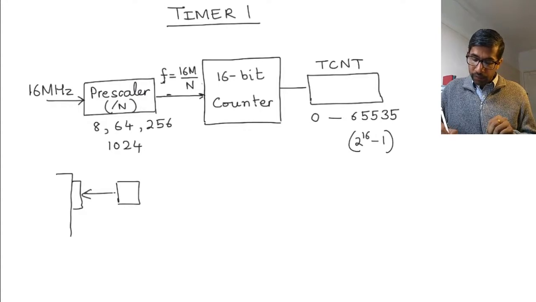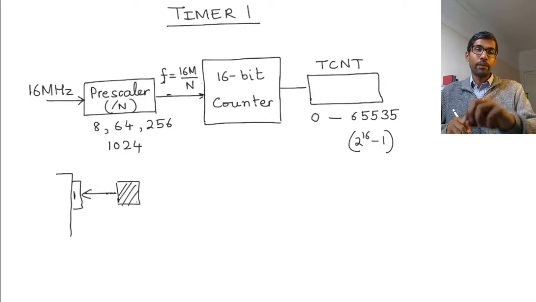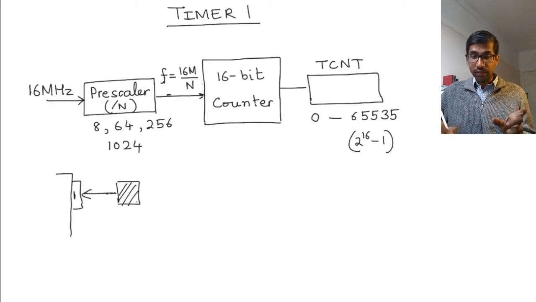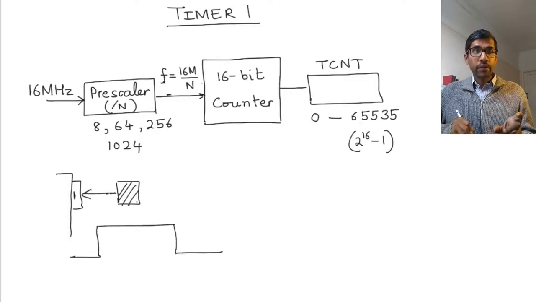So this is an output device and it's giving a digital input at pin 1. I want to measure for how long this device, which is giving an output like this, is maintaining this high signal. I want to measure this time here.